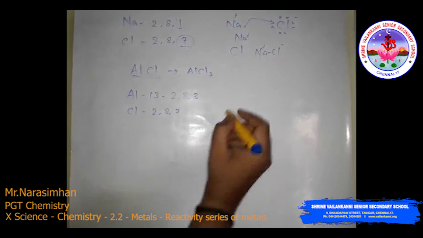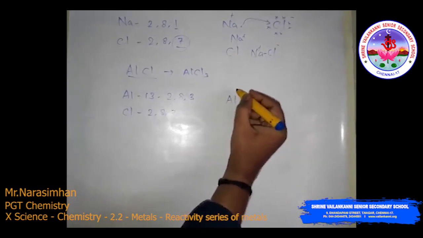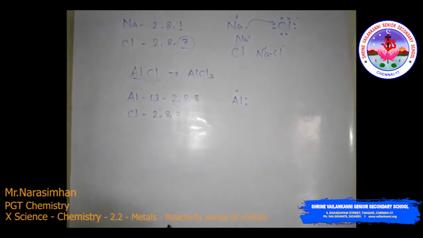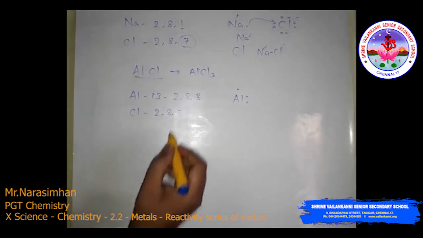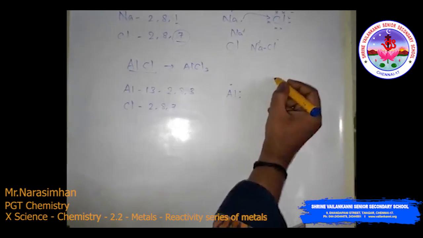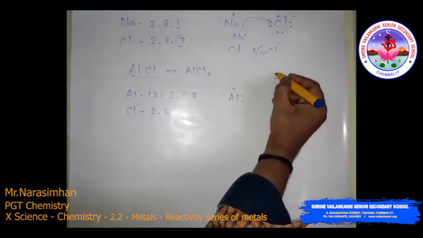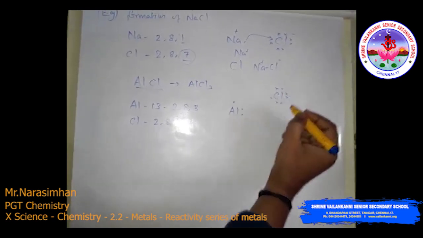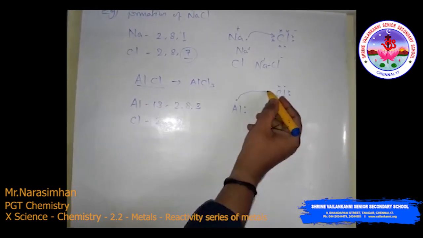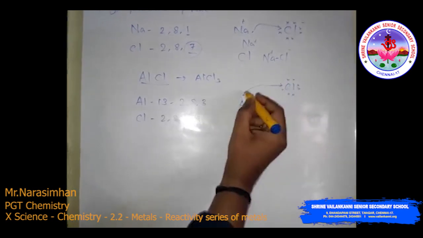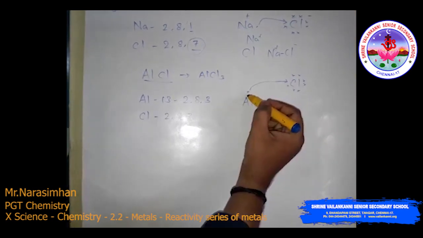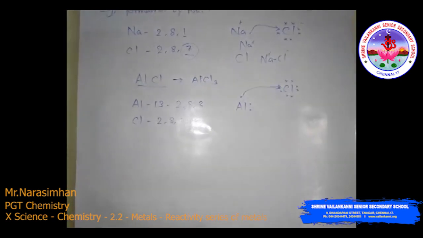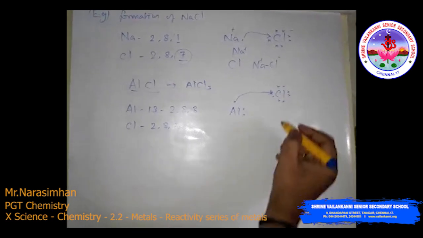First write aluminum. Aluminum has 3 valence electrons. Chlorine has 7. So write chlorine with its electrons, 1, 2, 3, 4, 5, 6. So 1 electron is donated here. That means 1 electron is lost from the aluminum atom and gained by the chlorine atom. So 2 electrons remain.